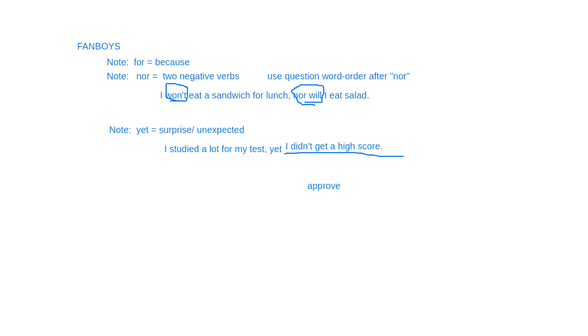Oh, you got a good score. No, we can't use "yet" for you got a good score. Because if you do that, then that would be expected. That would be something normal. I study and I got a good score. Then we would want to use "and."